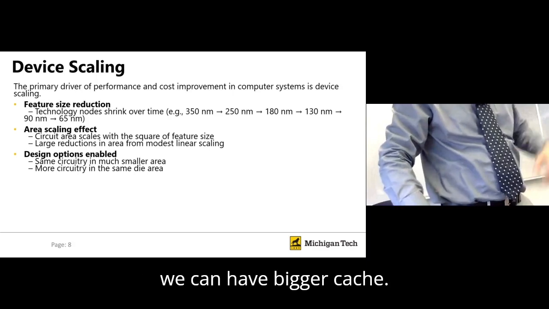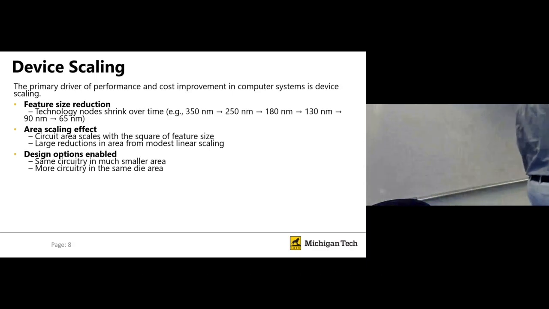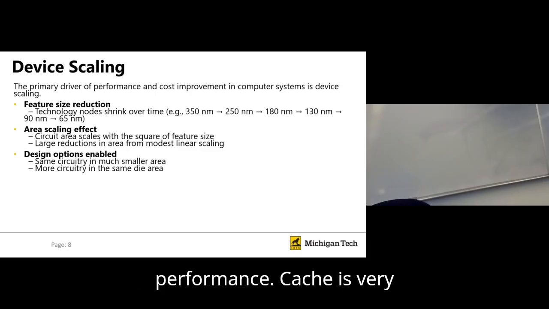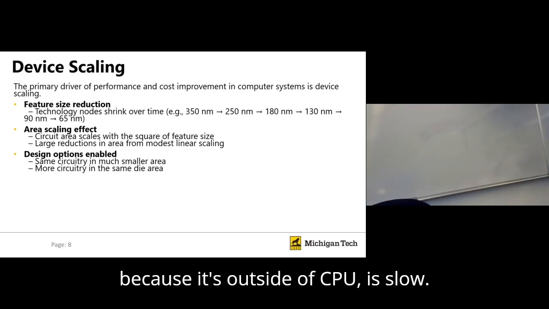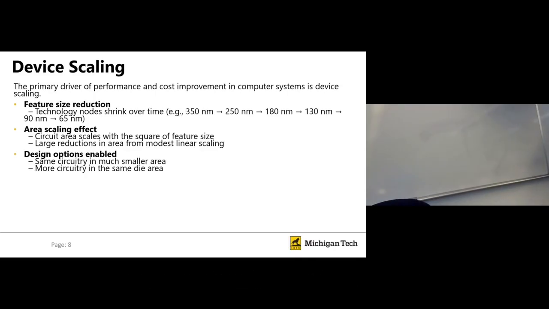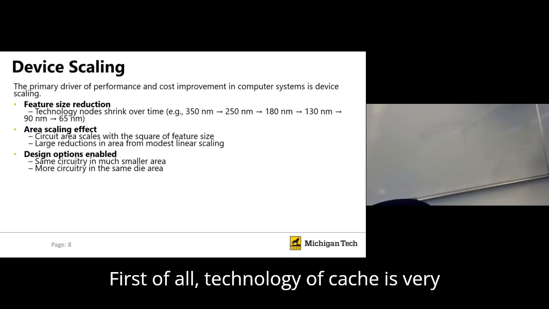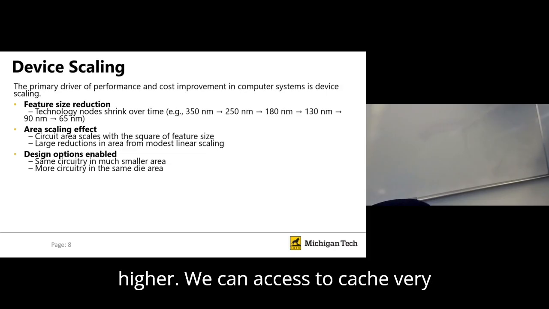Or, for example, we can have a bigger cache, because cache is very important in performance. Cache is very high-speed memory, and memory, because it's outside of the CPU, is normally slow. But we have different levels of cache. First of all, the technology of cache is much higher.